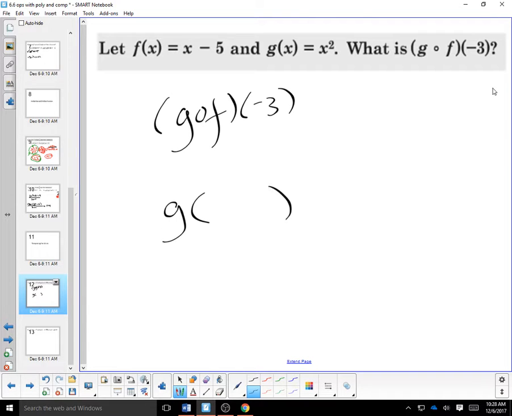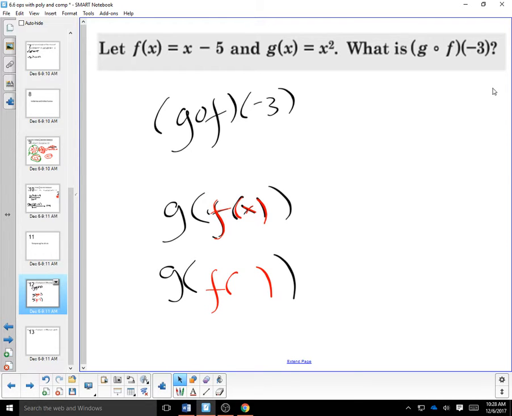And what I'm plugging into this g function is I'm going to nest inside of that the f function. So this would be f of x inside of the g of x. And then inside of the g of x, what am I going to put in there? -3. So I would have g of x and then f of something, and then what I throw in there is a -3. So this is another notation. These two mean the same thing. Just throwing that out there.